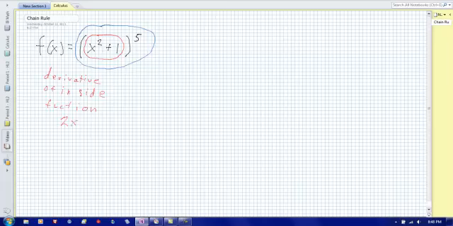Okay, let's take the derivative of the outside function. This is a little different. Now notice this inside function, we can give it another name, derivative of outside function.